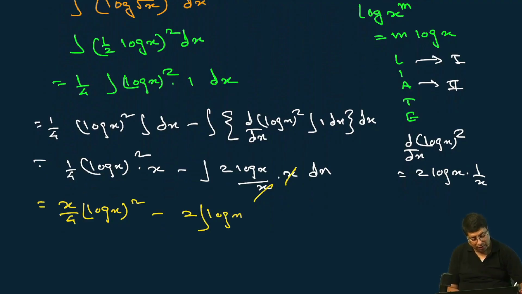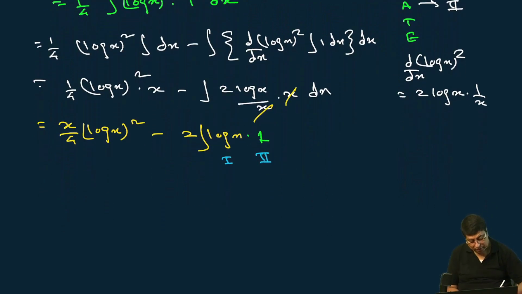So what we have to do? We have to take once again 1 u into v. Once again that u is the first function, log x is the first function, and 1 is the second function by LIATE rule.